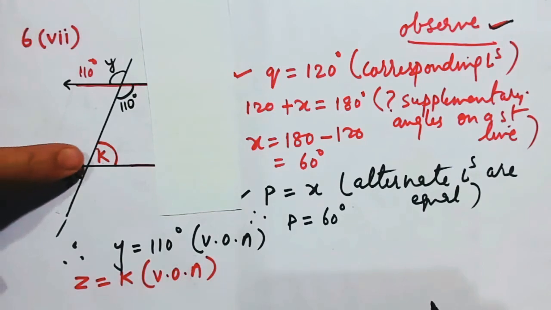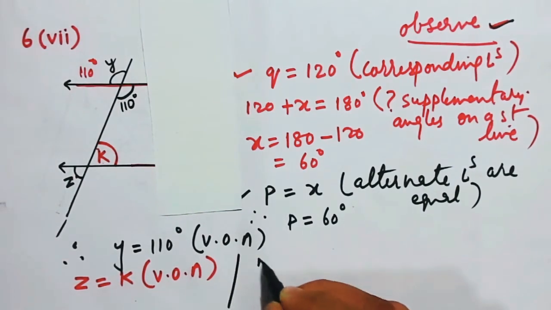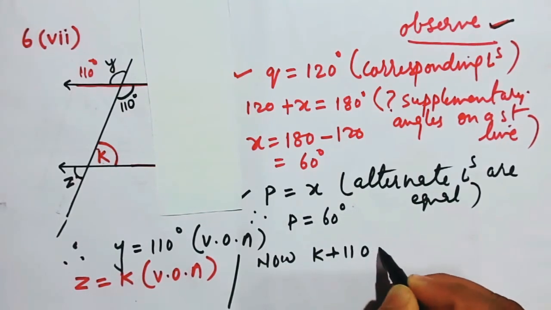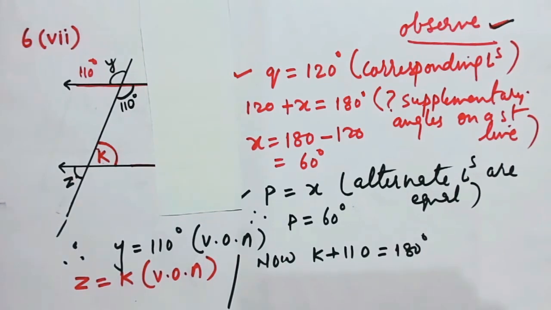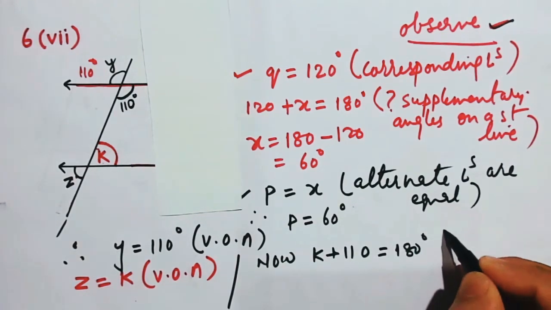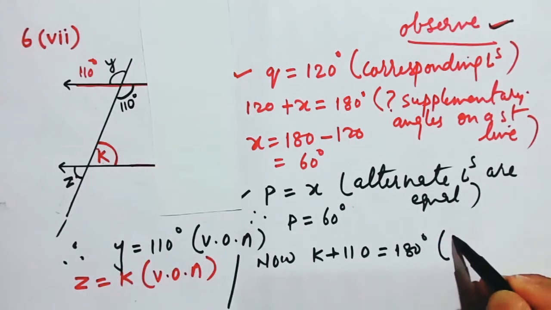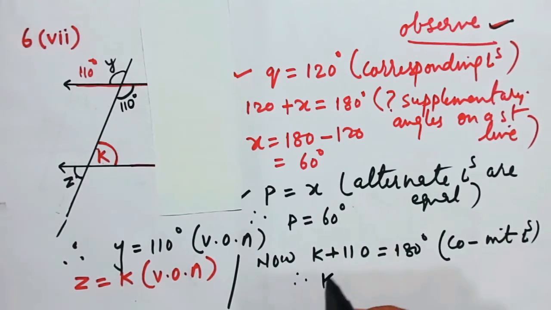Now k plus 110 will be equal to 180 degree, isn't it? Why? Because they are co-interior angles. Very good.